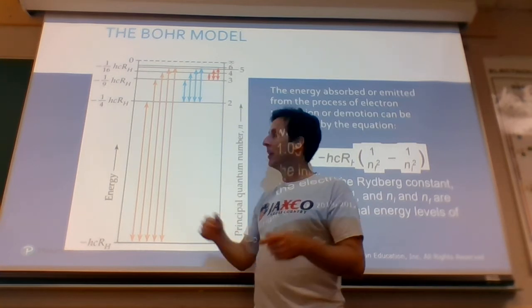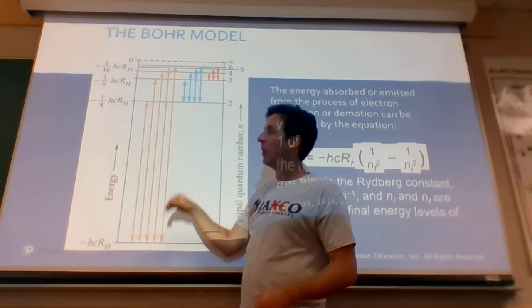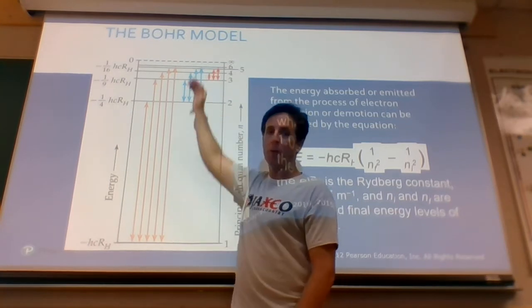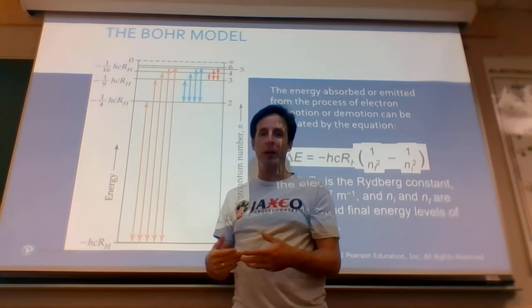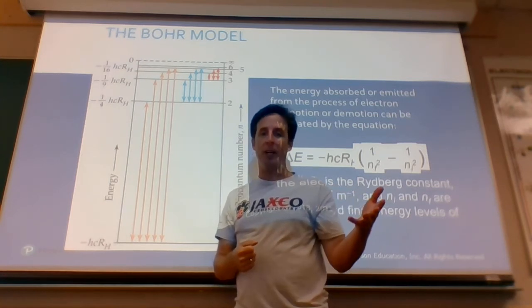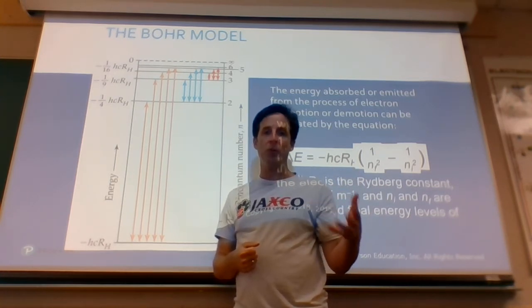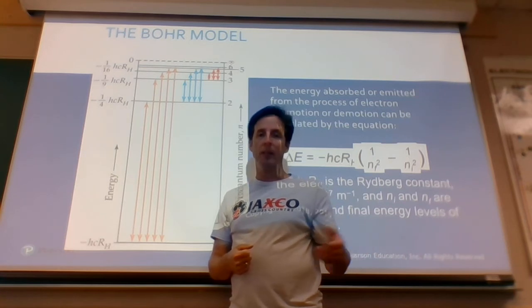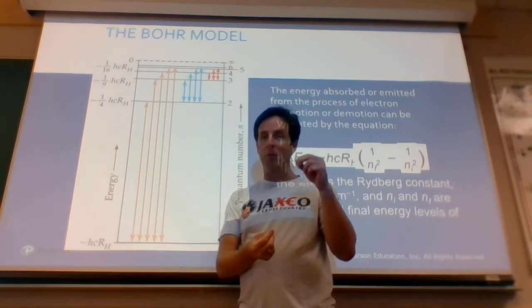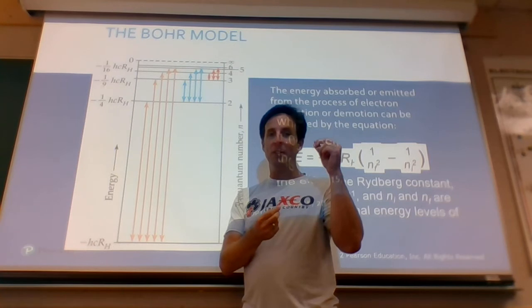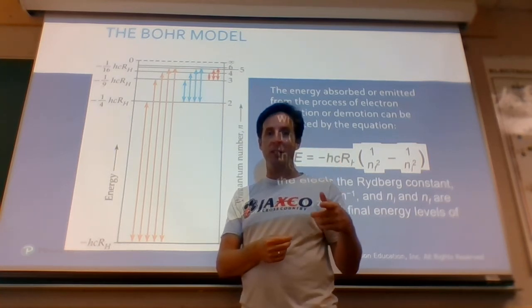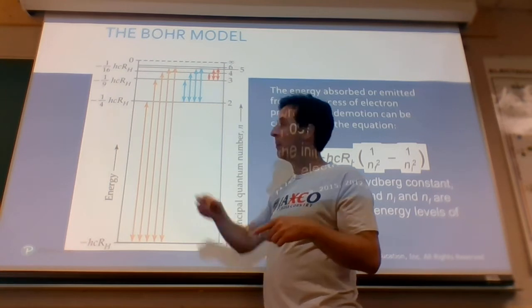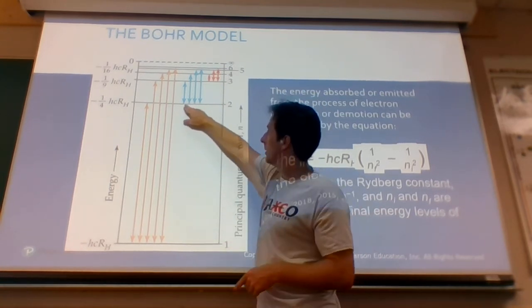So any drop from 2 to 1, or from 3 to 1, or from 4 to 1, that gap down to 1 is so big it's always going to be ultraviolet light, and we will never see those transitions with our eyes. If we have a light bulb filled with hydrogen gas and we turn the light on, the only colors we're going to see come from these blue lines right here.